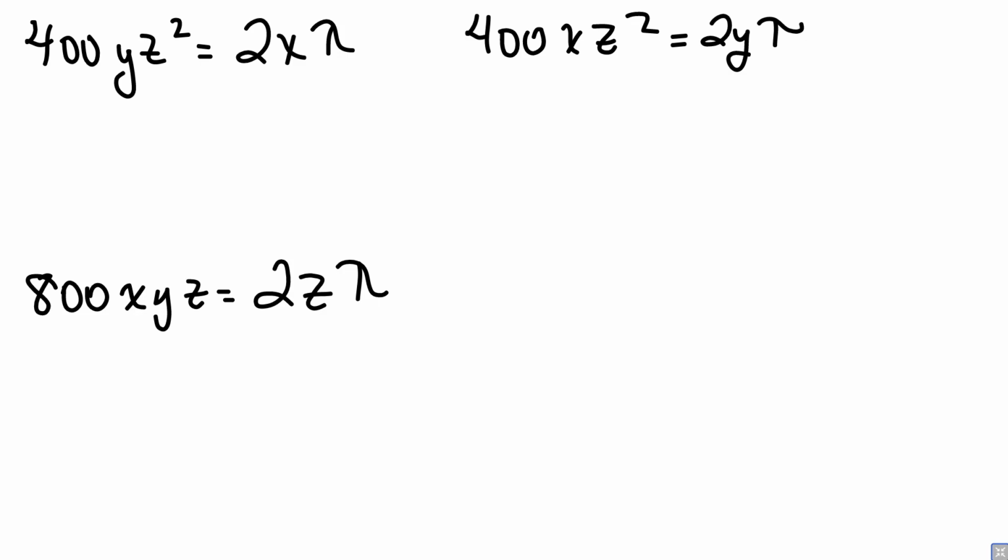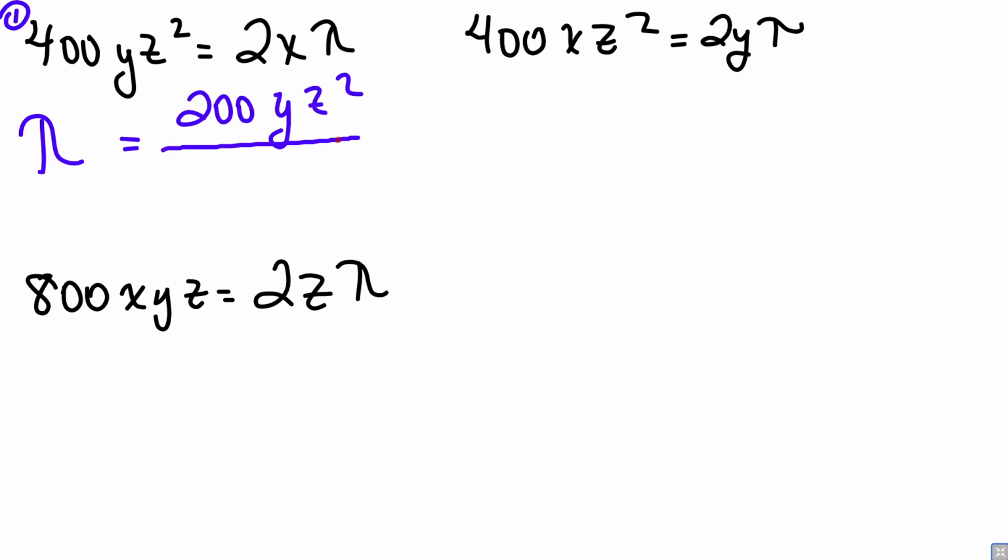Okay, so let's look at this first equation here. What I'm going to do is solve for lambda. If I solve for lambda, I'm going to end up with 200yz squared over x.